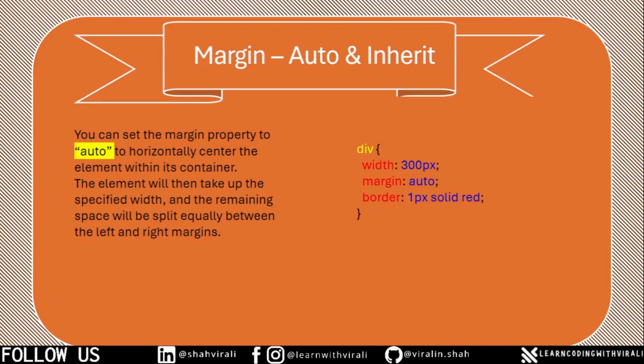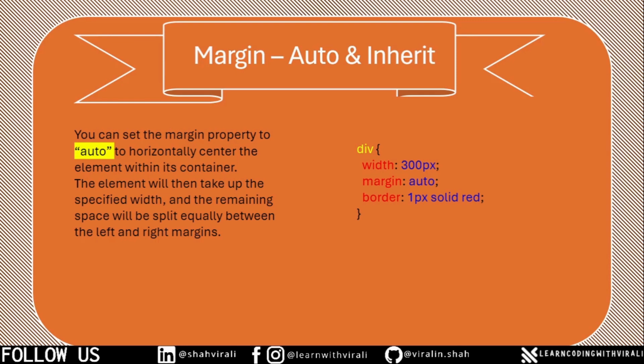Understanding margin as auto and inherit. You can set the margin property to auto to horizontally center the element within its container. The element will then take up the specified width and the remaining space will be split equally between the left and the right margins.